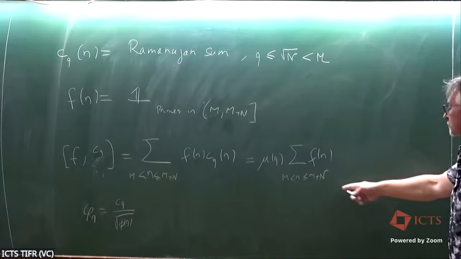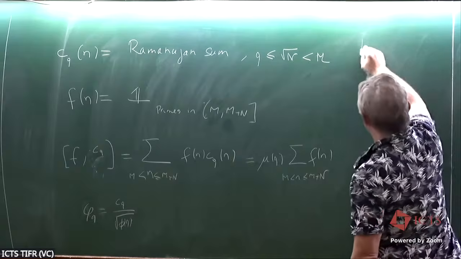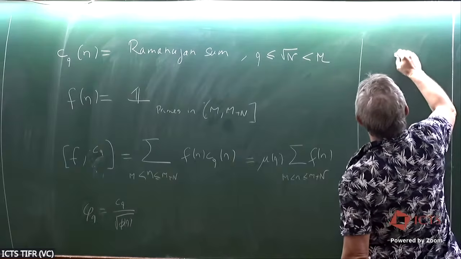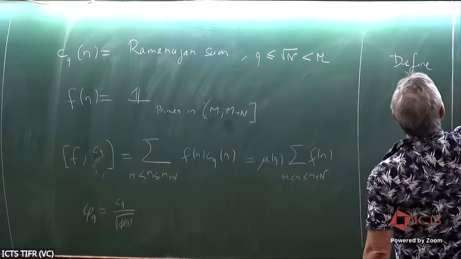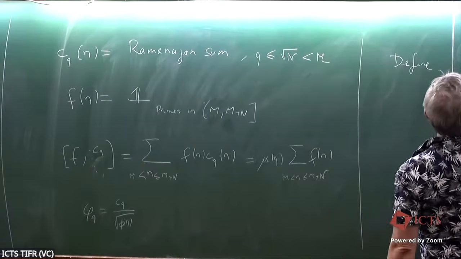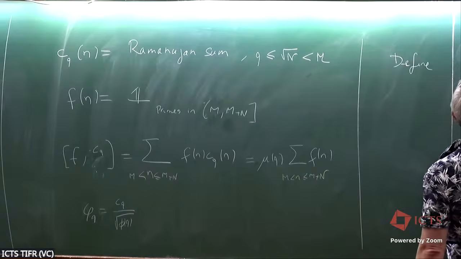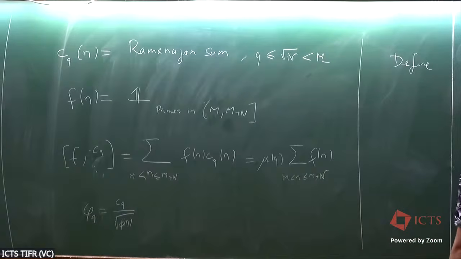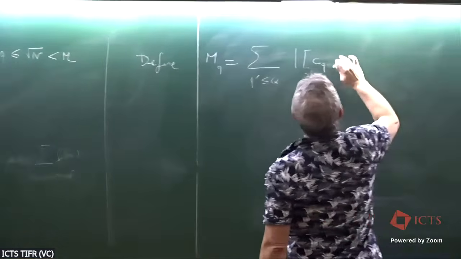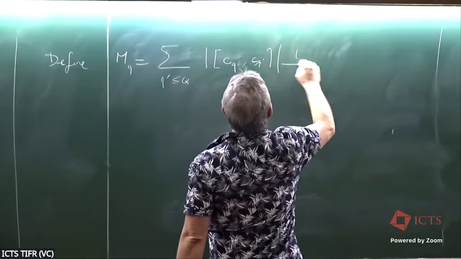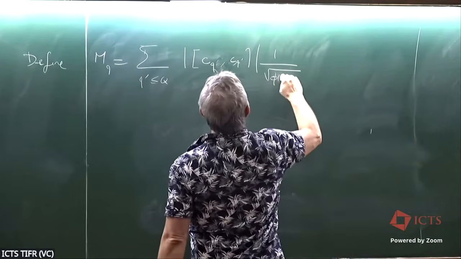And what I want to say is: define M of Q as the sum over Q prime less than capital Q of the scalar product of CQ and CQ prime, times 1 upon square root of phi of Q prime.